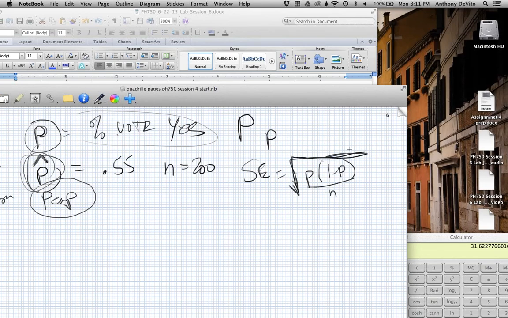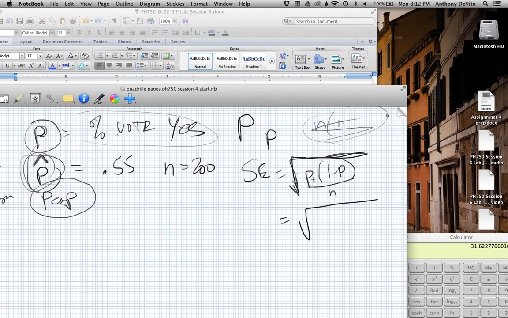Okay, there's another formula, N times P times 1 minus P, and that's only when you're actually counting the number of people that are voting yes. But yeah, this is right. Now notice that this P is going to represent a measure of the standard deviation of your population.